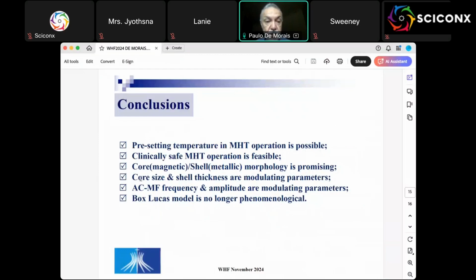So core size and shell thickness are actually modulating parameters if you're looking at the material side.